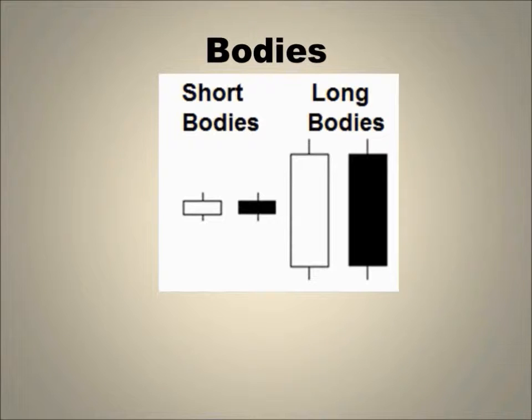The long bodies, however, indicate that there was a lot of action in that trading session, and the long white body shows that the bulls are definitely in charge, and the black body symbolizes that the bears are in control of this market. So, as we can tell by now, we get more than technical analysis from the candlesticks. We also get a little bit of fundamental and sentiment analysis as well.